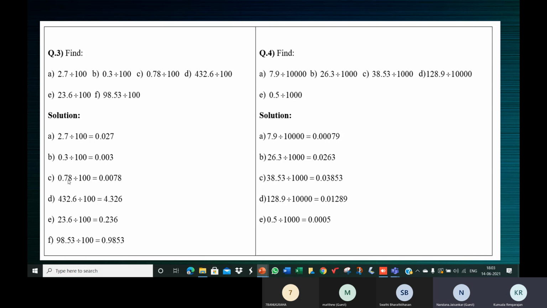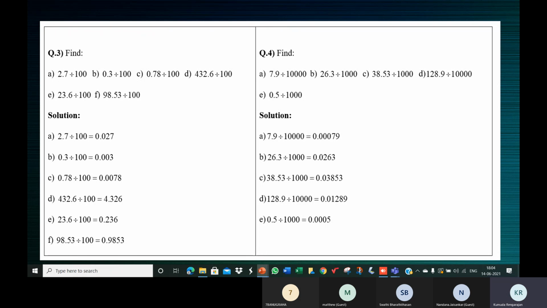No, you tell me the two answers, Nandana. 0.78 divided by 100. What are the possible things you can think of? Either shift the decimal to the right or left. Yes or no? Yes, ma'am. 100 has how many zeros? 2 zeros.